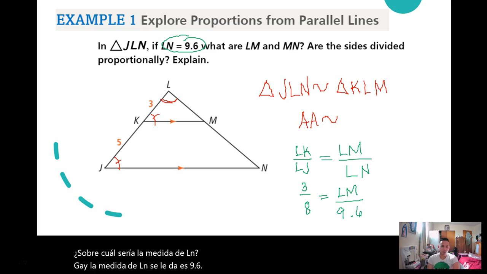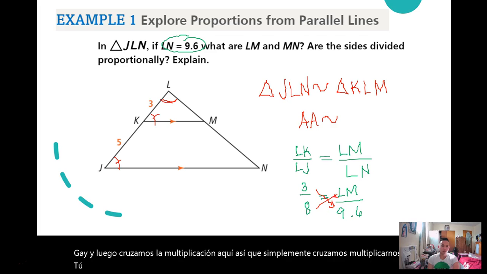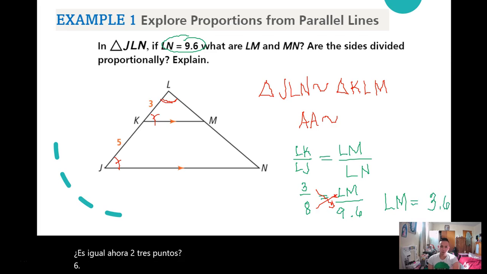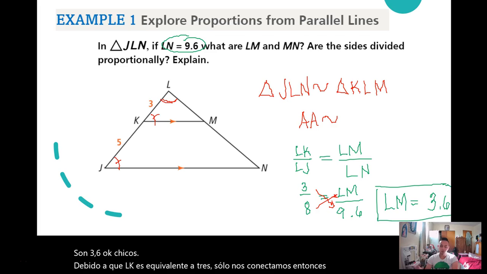Then we cross multiply, and it will give us LM. The measurement of LM is equal to 3.6. Because LK is 3, we just plug it in, and that's how we come up with LM when we cross multiply.